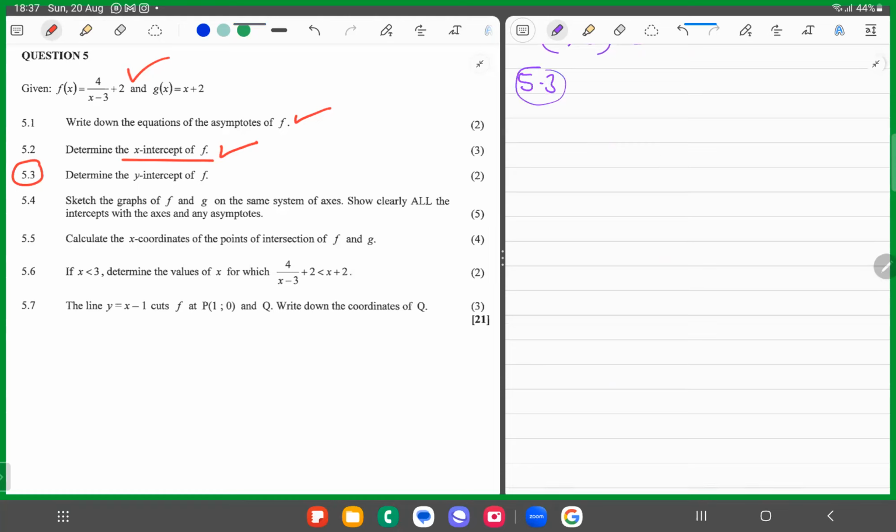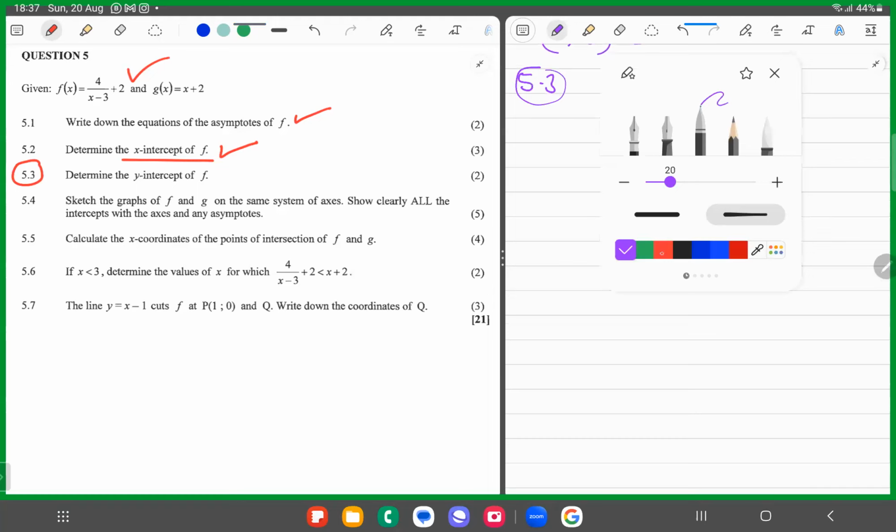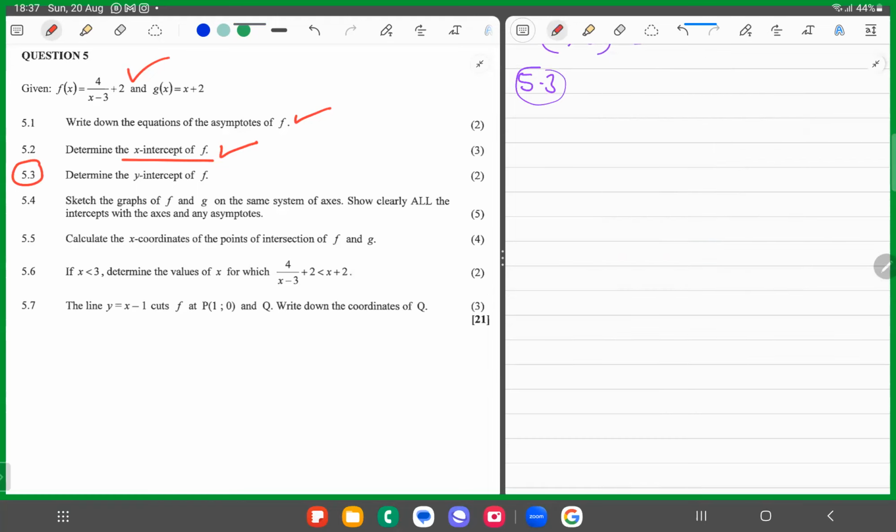So in 5.3, we are solving now this particular question, and we're saying determine the y-intercept of f. So we are finding the y-intercept. What is the y-intercept? You let x be equal to 0.